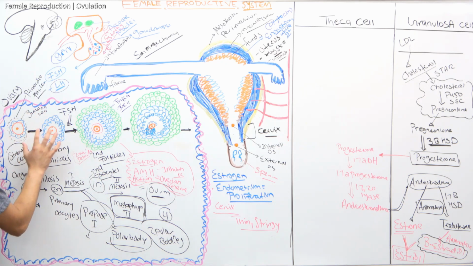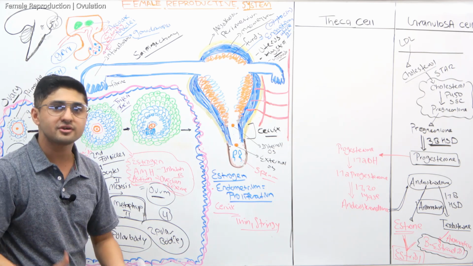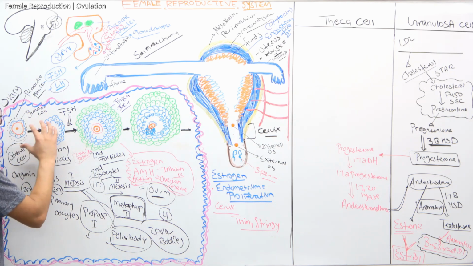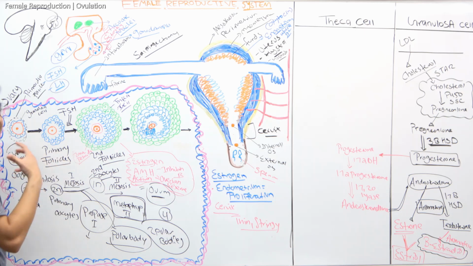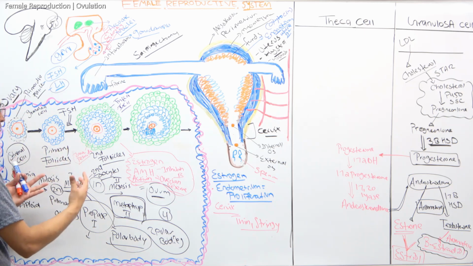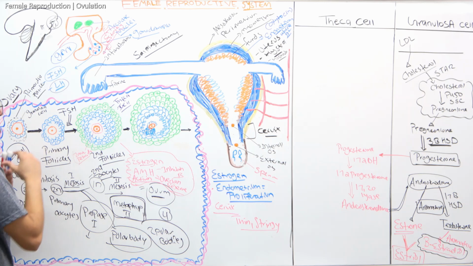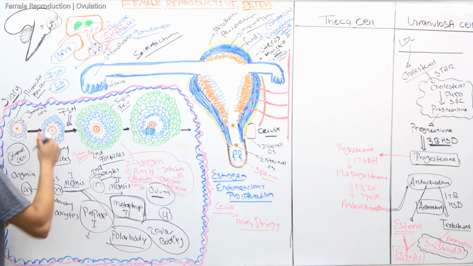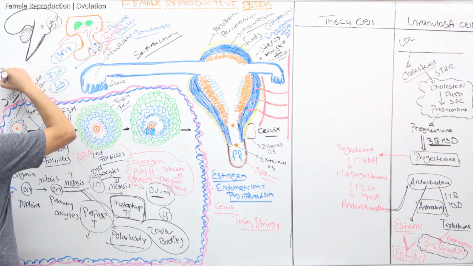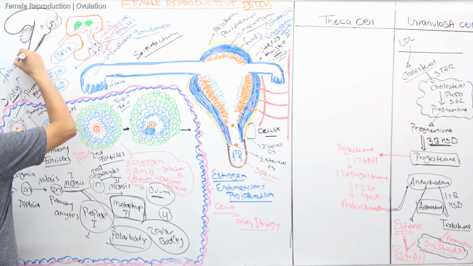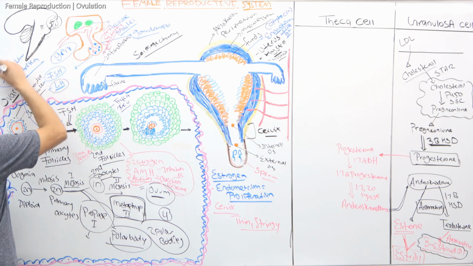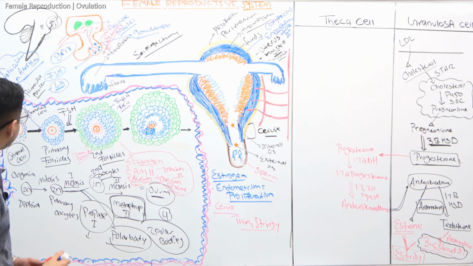The process in which these follicles degenerate, genetically programmed, and they die, the death and degeneration of these follicles, is called follicular atresia, all right?